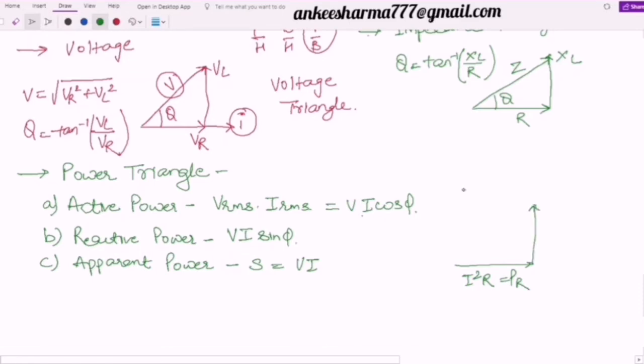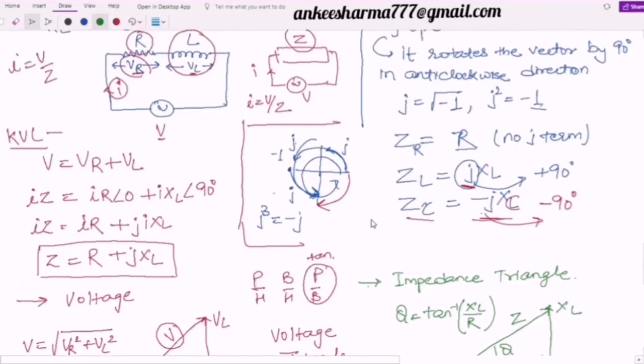Second, due to XL, it is I square XL, which is given by QL, and the resultant of this will be S is equal to I square Z, which is nothing but V into I. And again the theta angle will be there, so this theta can be represented as tangent inverse of QL by PR, or simply P sometimes, right? So this is all about the different triangles in the case of the RL circuit.